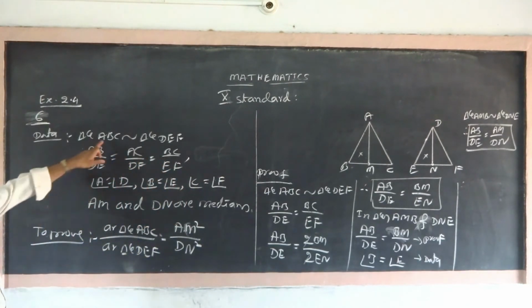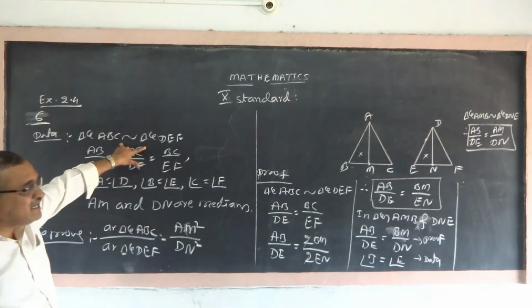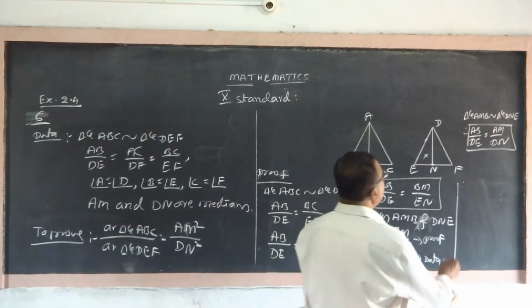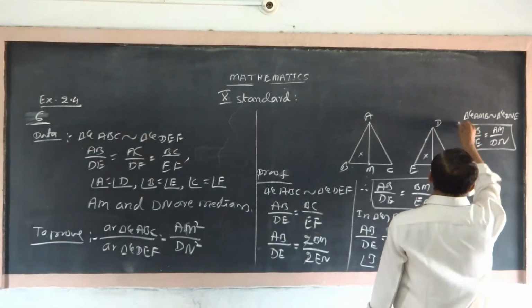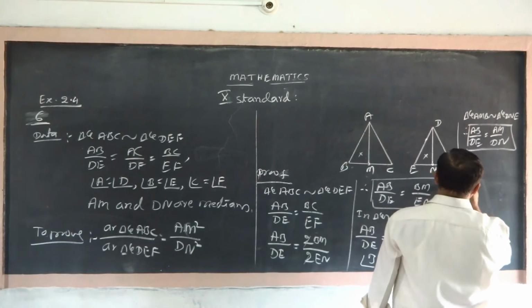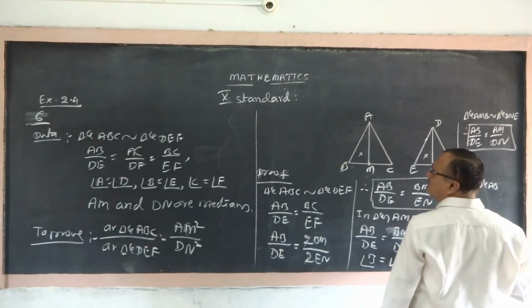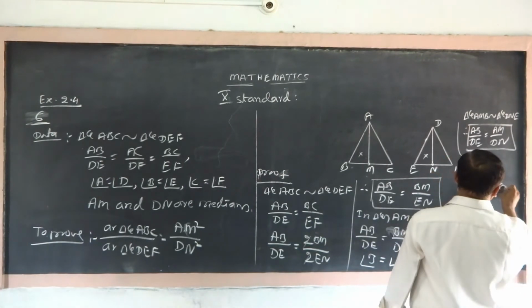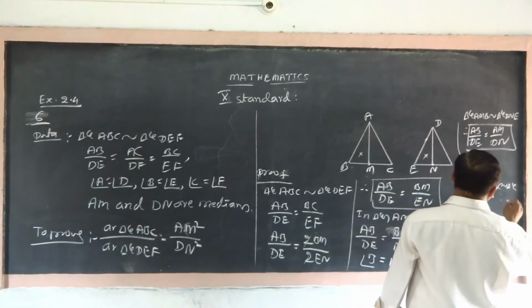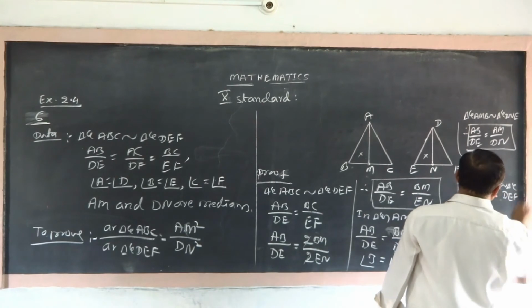But you know, triangle ABC is similar to triangle DEF. It is in the data.